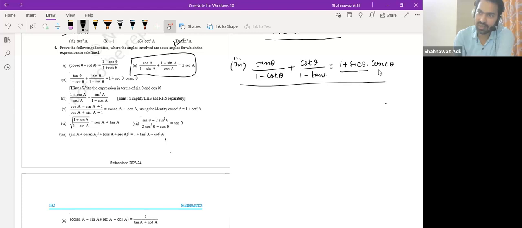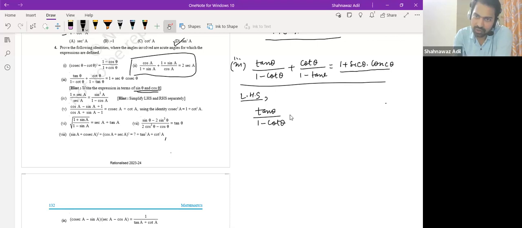The right side is already simplified, right? So let us simplify this addition, the left hand side. In the hint they have stated that we should change all the terms in terms of sine theta and cos theta.